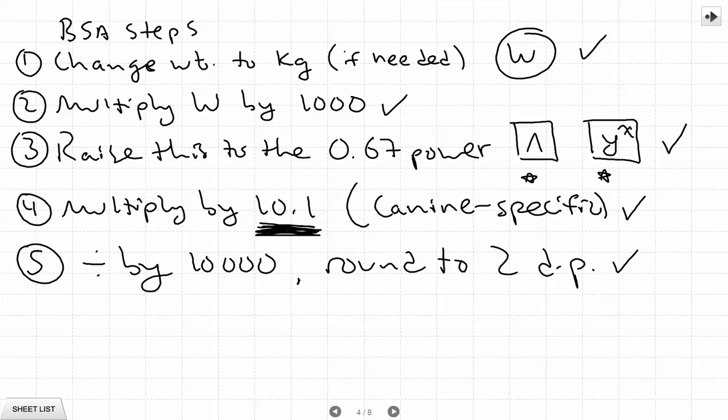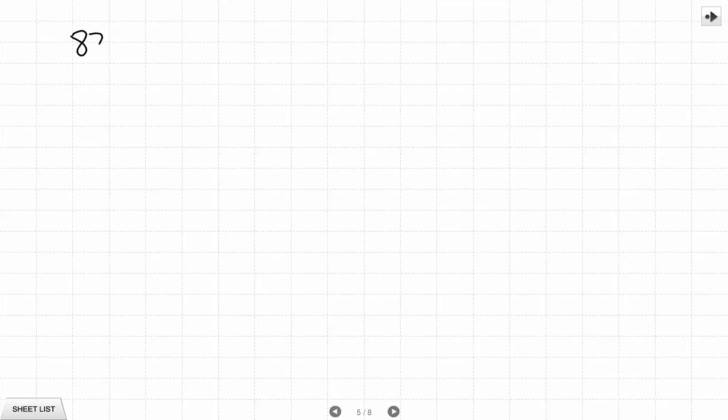So let's take the 88-pound weight and go ahead and put it through these steps. So we know the dog weighs 88 pounds. And we know that 1 kilogram is 2.2 pounds. So that's going to cancel. And when I do 88 divided by 2.2, I get exactly 40 kilograms. If it doesn't come out to be exact, you can round to a couple of decimal places.